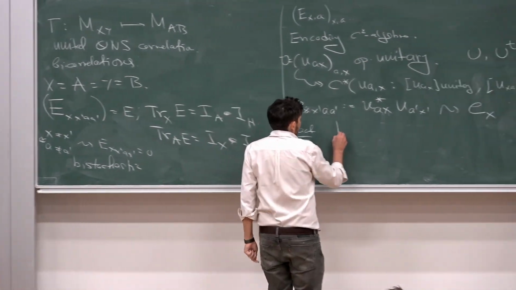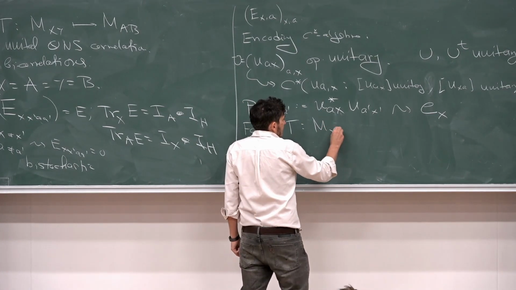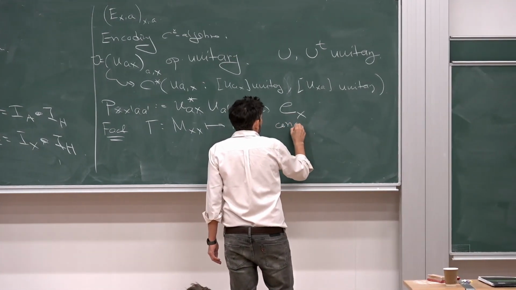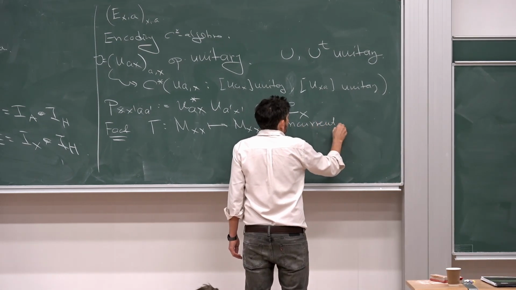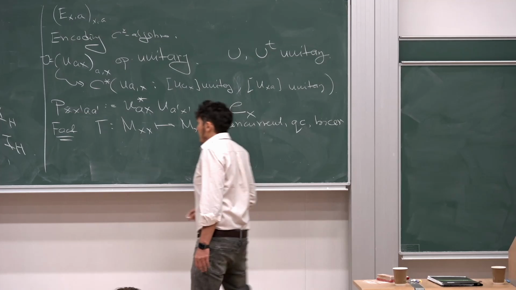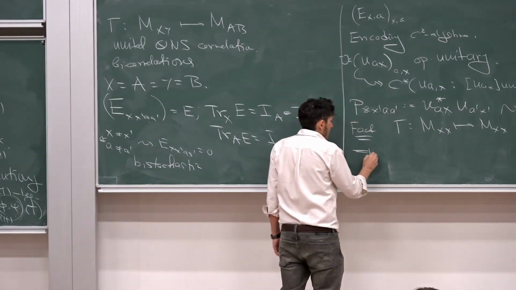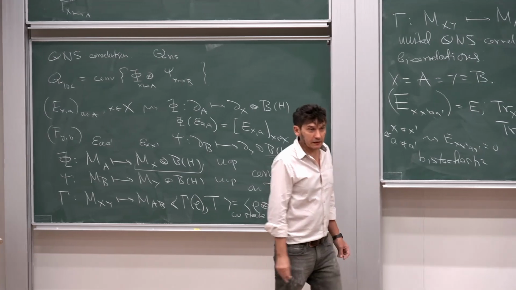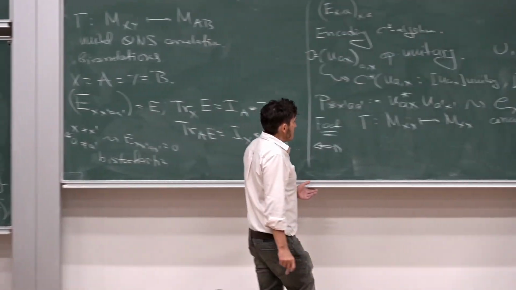So gamma from M_X X to M_X X is a concurrent quantum commuting bicorrelation precisely when it is given by a certain trace on this sister algebra.